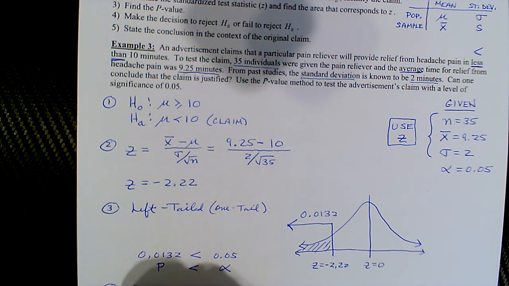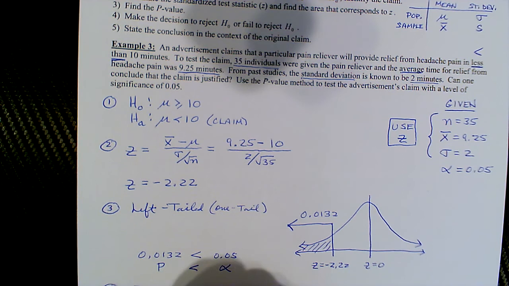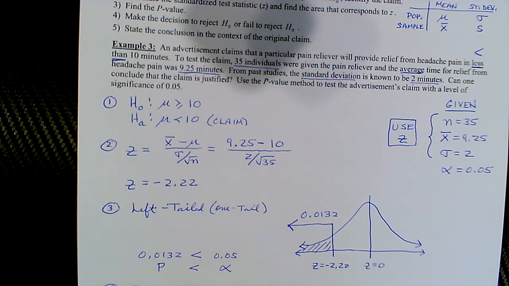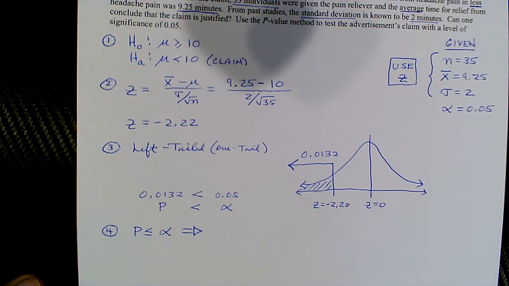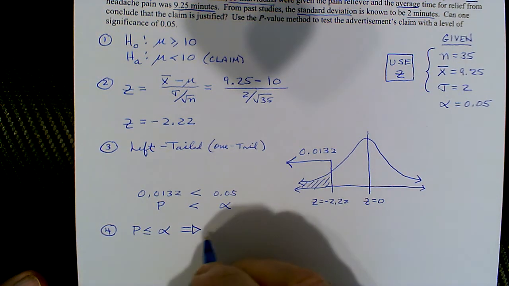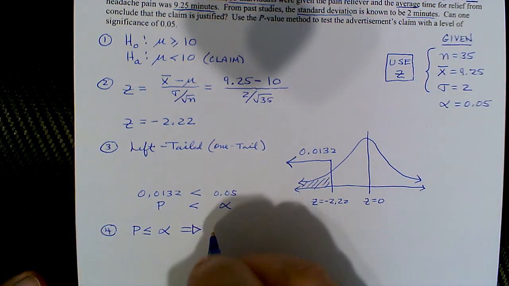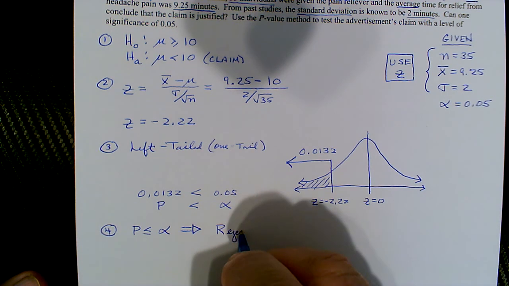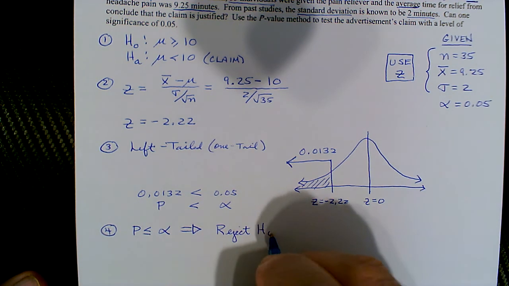And since p is less than or equal to alpha, remember p is basically the probability that H0 is true, a small probability, less than the level of significance. So H0 is probably not true, so we reject H0.